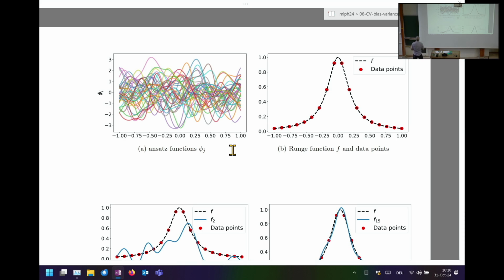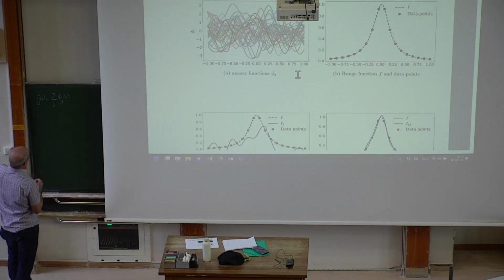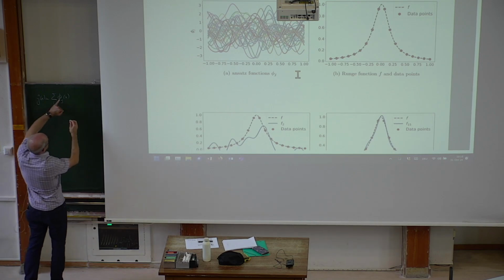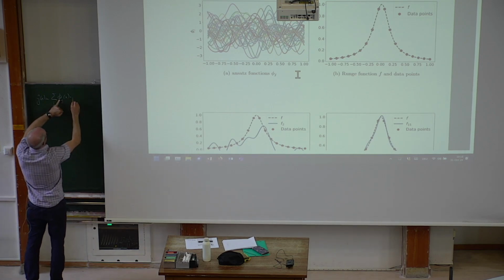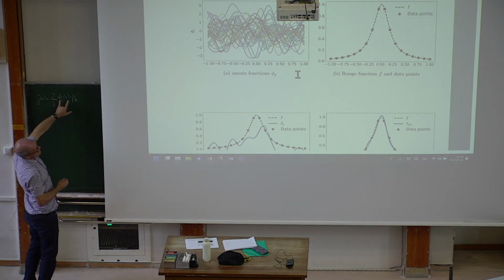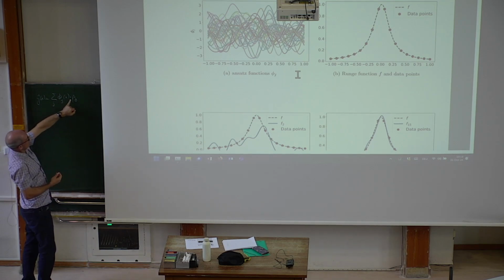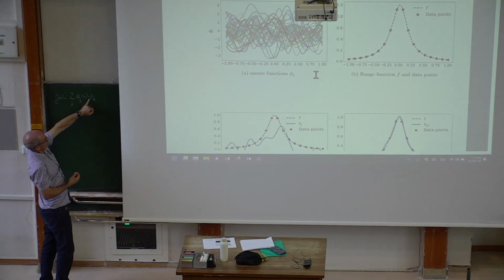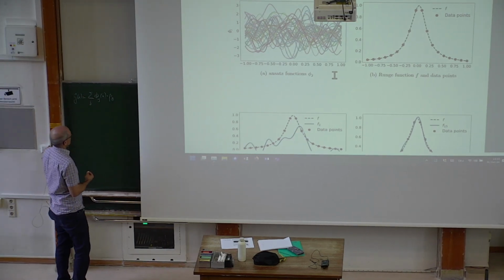One would simply take a combination of these functions phi j of x, and these functions are then multiplied with parameters beta j. So the functions themselves are nonlinear, but they are fixed. And the only parameters being learned here are the parameters beta j, and the model is linear in these parameters.